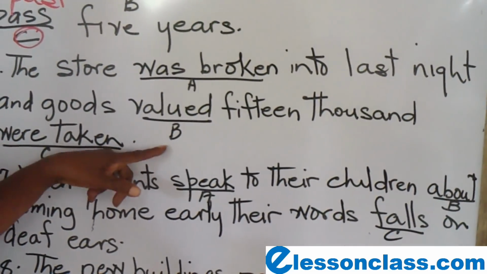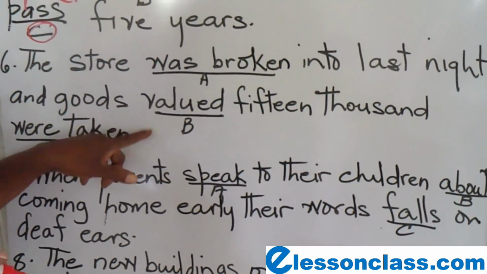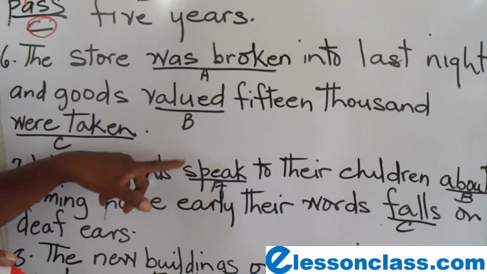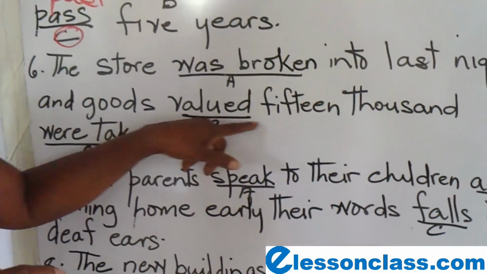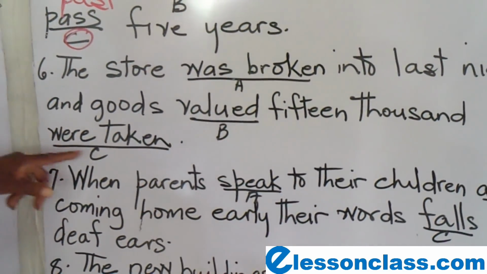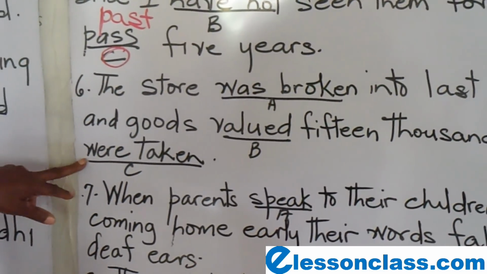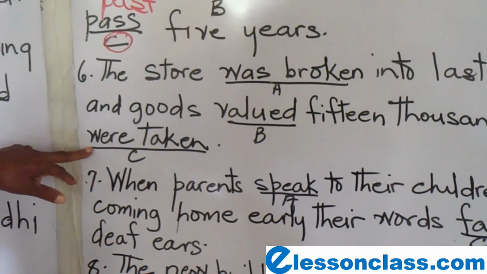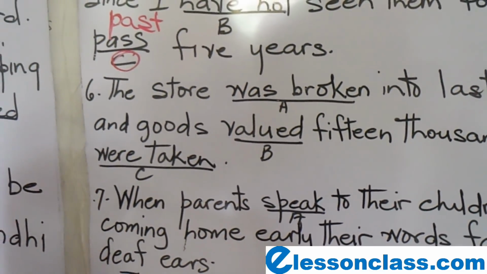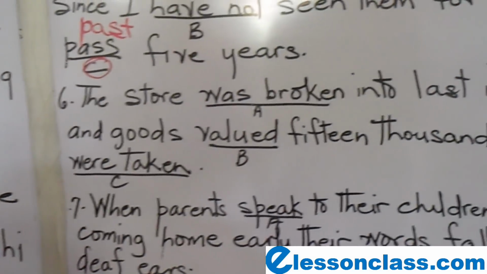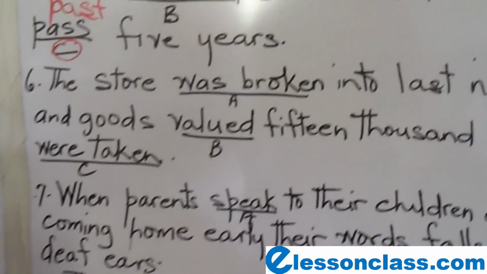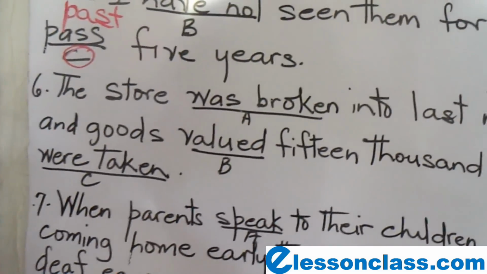Yes, this is also correct because we are talking in the past tense. Was broken and the goods valued 15,000 were taken. But look at what is happening. Here is not really a matter of tense. What are we talking about that was taken? What valued 15,000? Goods.